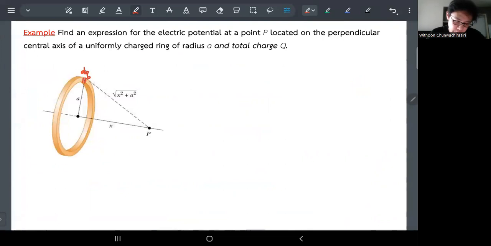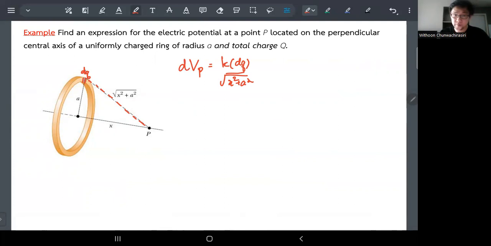It will contribute to the potential at point P: V at P is K times the charge dq divided by the distance, which from the Pythagorean theorem is the square root of x squared plus a squared. Because this is a tiny amount of charge, this is going to be a tiny amount of potential at point P.